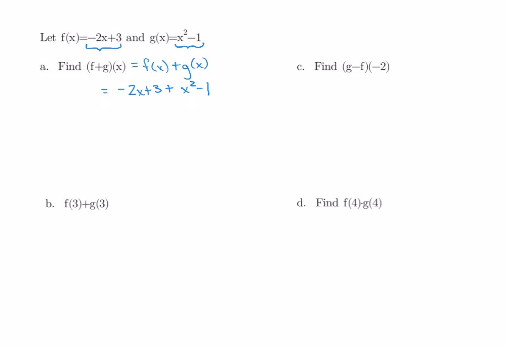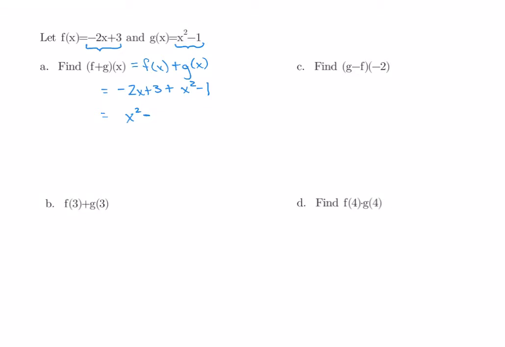Now that we have a new expression, we just want to go ahead and simplify by combining like terms. It doesn't matter what order you write it in. I'm going to go ahead and kind of start you off by getting you in the right order for our next module.